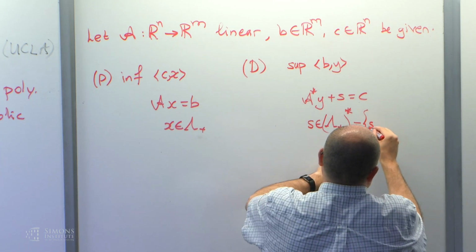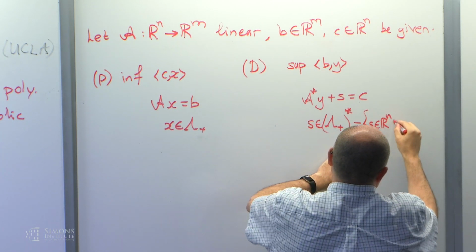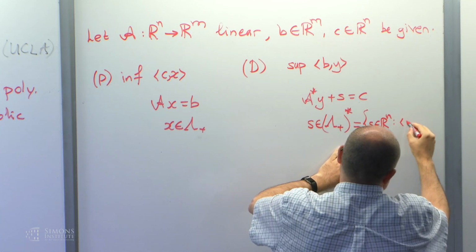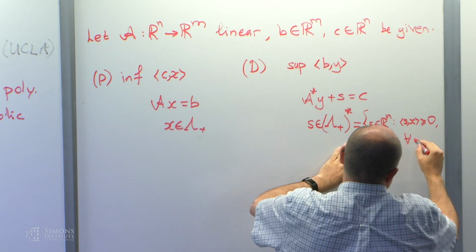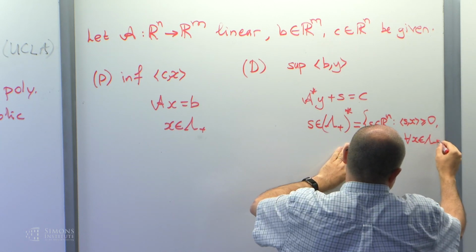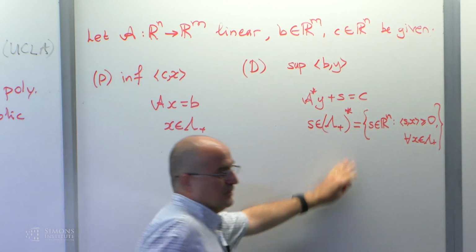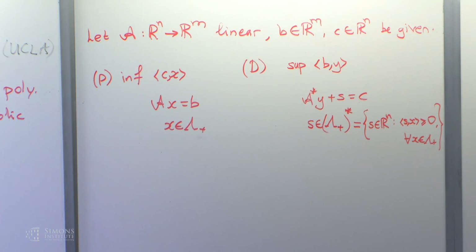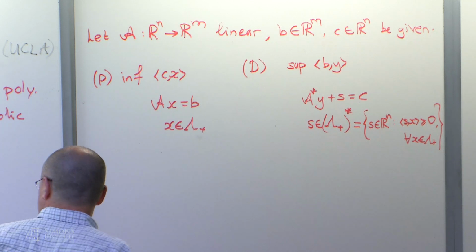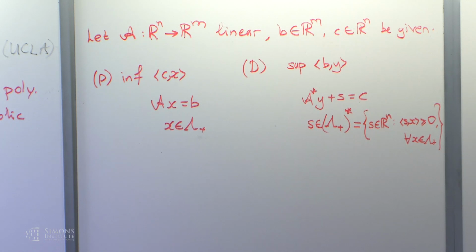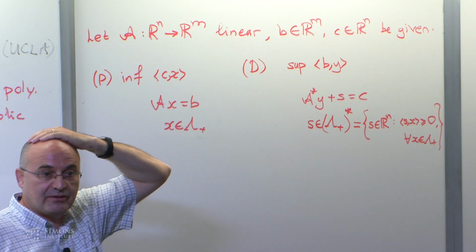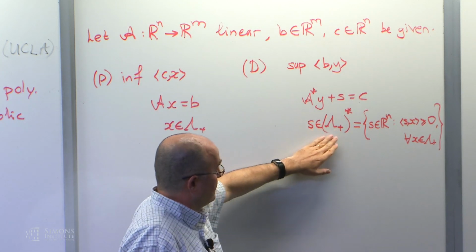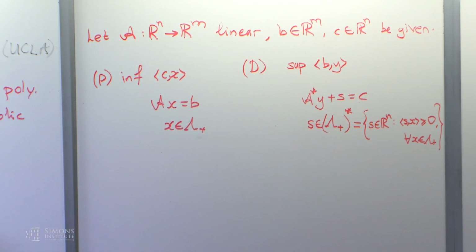So this is the set of all S's in R^n such that Sx is non-negative for all x in the hyperbolicity cone. Right. So I'm using capital lambda plus for the hyperbolicity cone, and you see the beautiful choice of notation by Renegar. These are the small lambdas. All right, so is the dual problem clear? Defined by the same data, and the dual cone is defined implicitly like this.